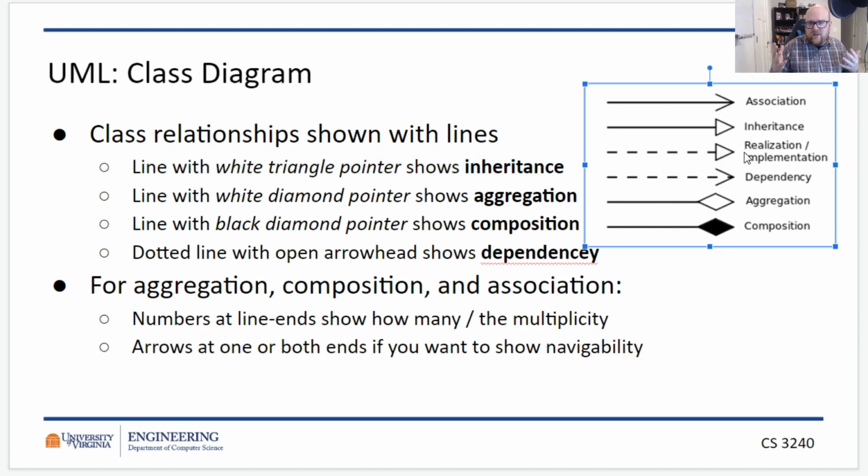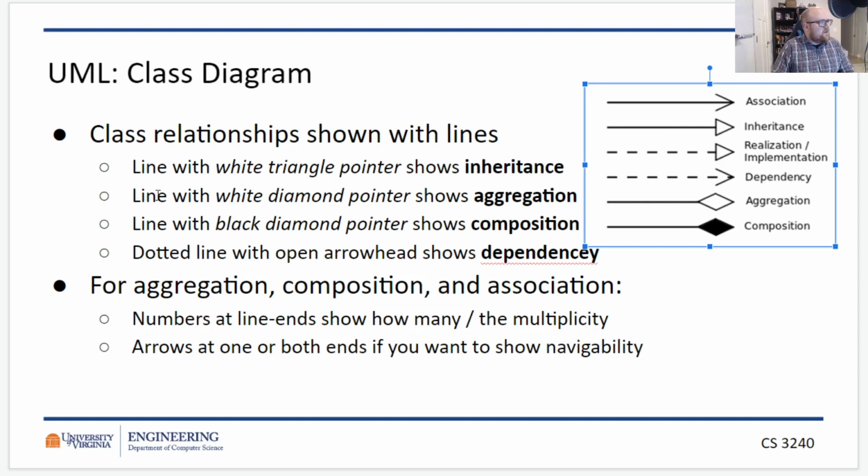The difference between the two is that you realize an interface or an abstract class, whereas you inherit from an existing class. So if we're talking about an abstract class or an interface, you use a dotted line. If you're talking about a class that can separately be instantiated, so not an abstract class that you're extending, we use a solid line. And the arrow points from the child class to the parent class.